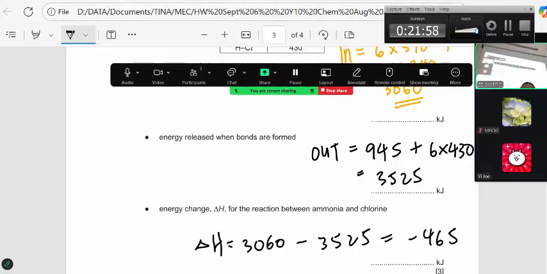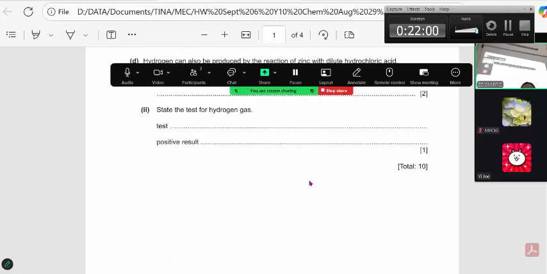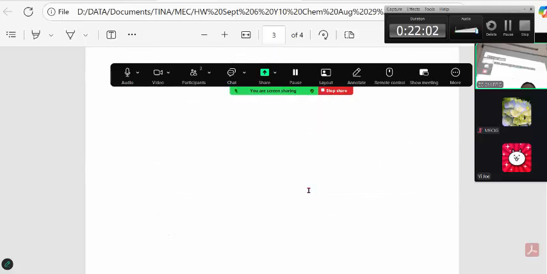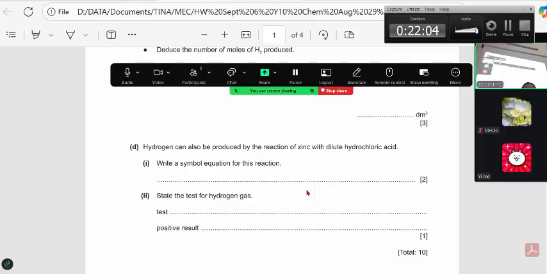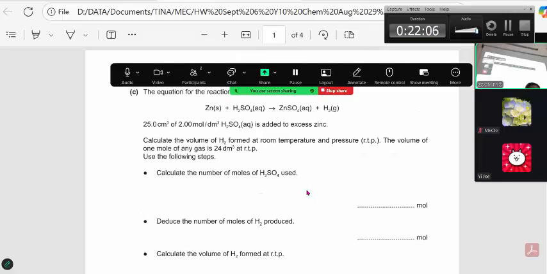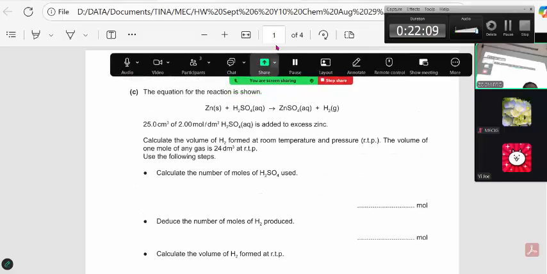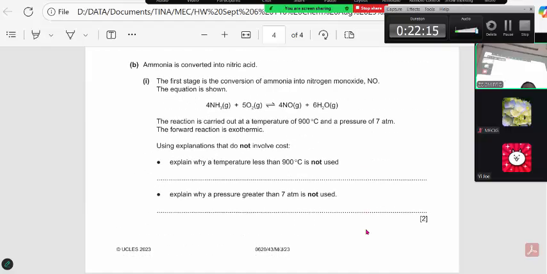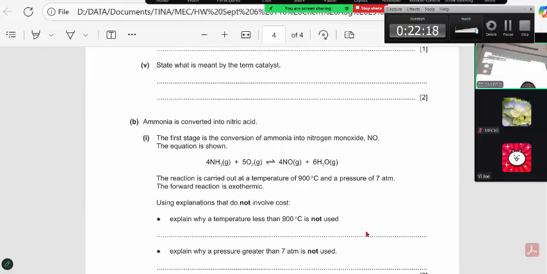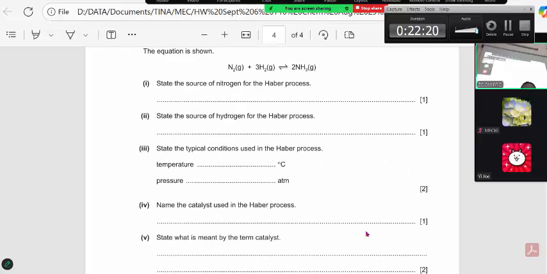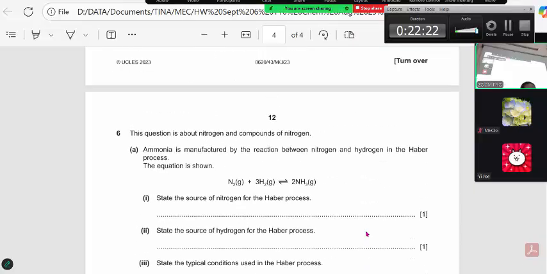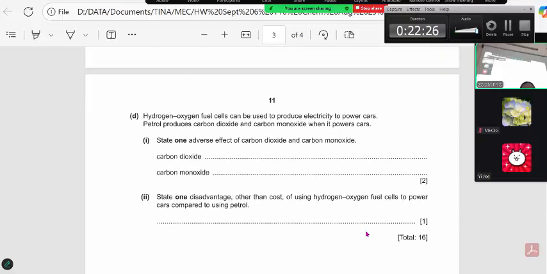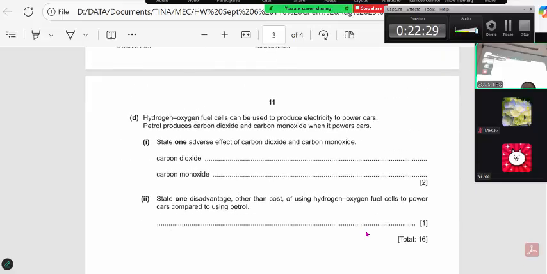Do you do the second one? The one that's continued. This one, right? Oh, I started from the back. So I started from here. This question. What page is that?